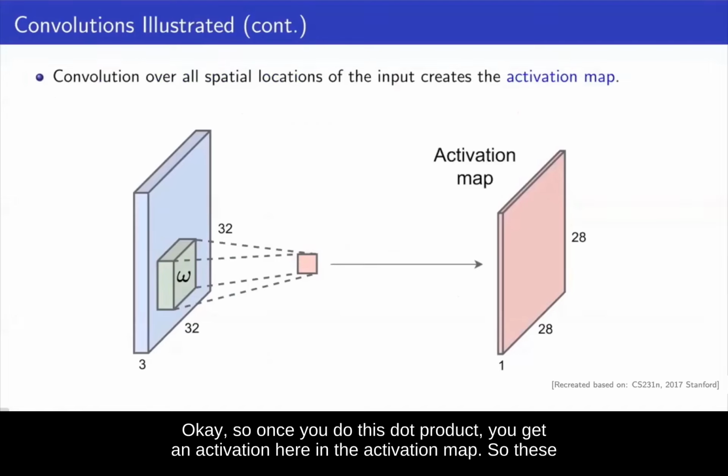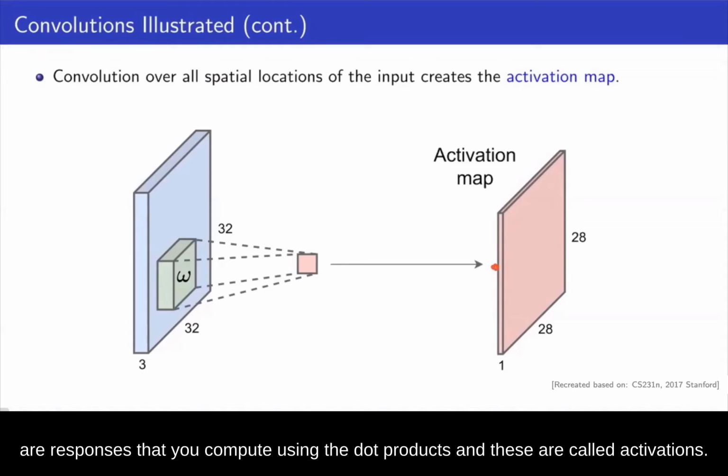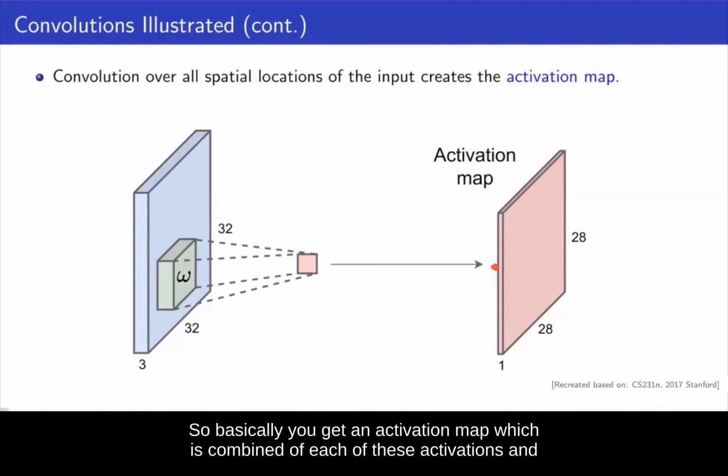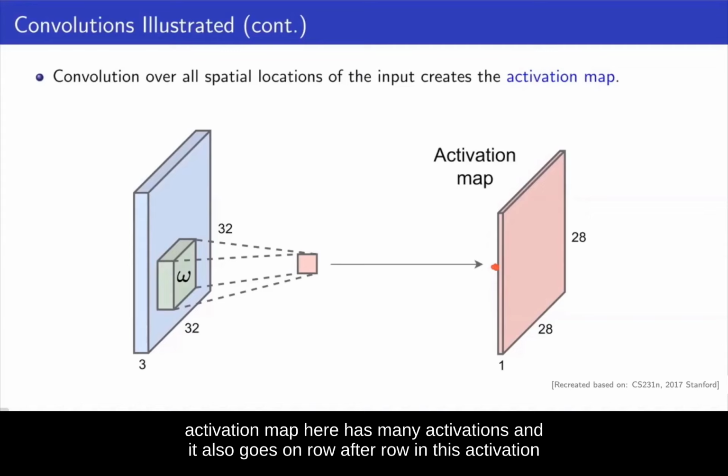Okay, so once you do this dot product, you get an activation in the activation map. These are responses that you compute using the dot products, and these are called activations. So basically you get an activation map which is composed of each of these activations, and the activation map has many activations, and it goes on row after row.